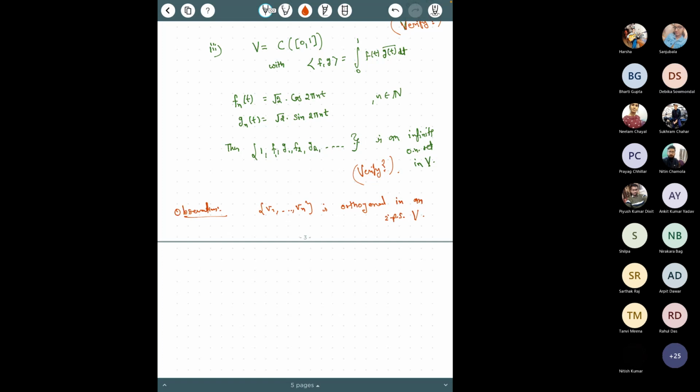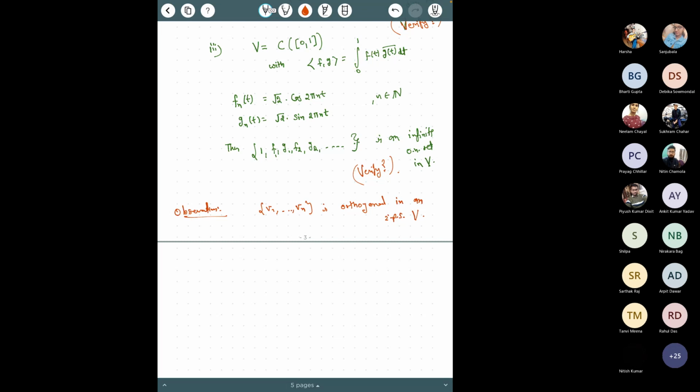So these are orthogonal. You can clearly verify that none of these vectors is 0, because if a vector is 0, you cannot make it orthonormal as its length is 0. It's a 0 vector. So by default, when you say this, you assume that each of these vectors is non-zero.